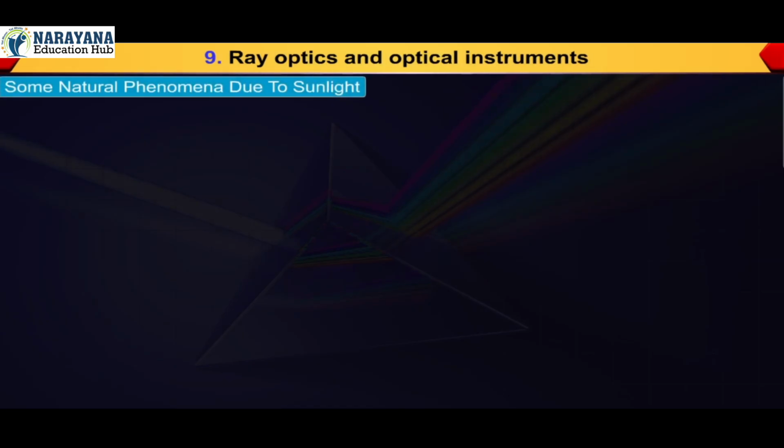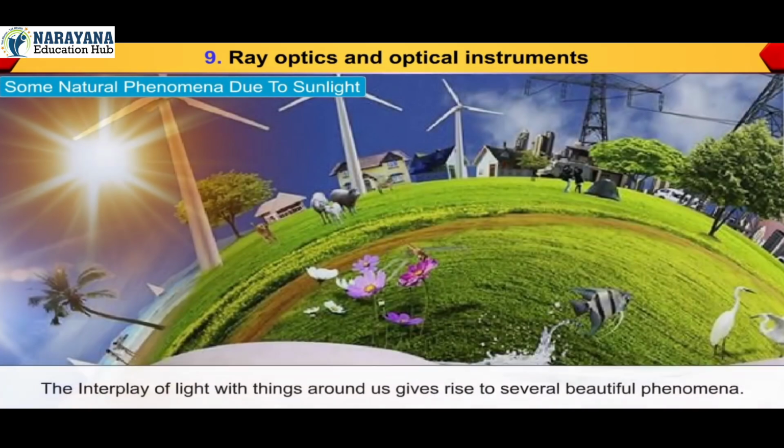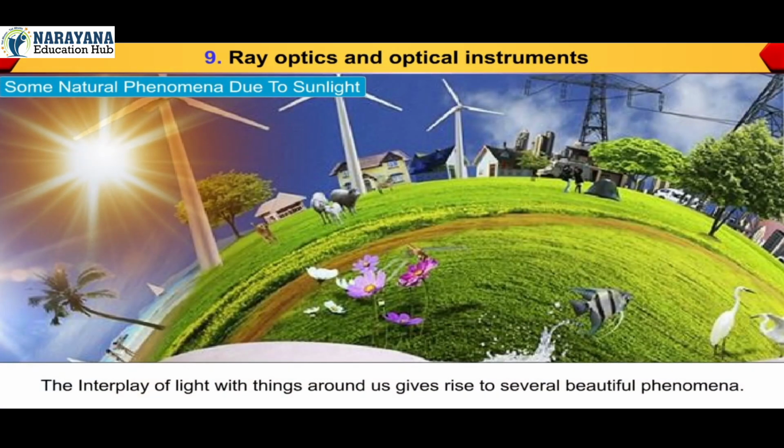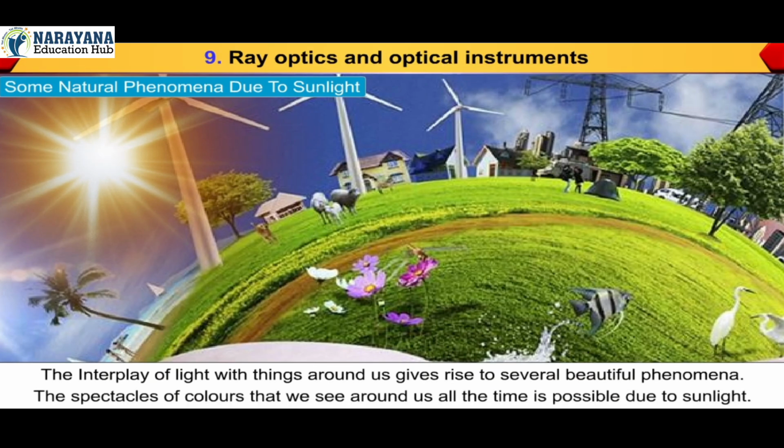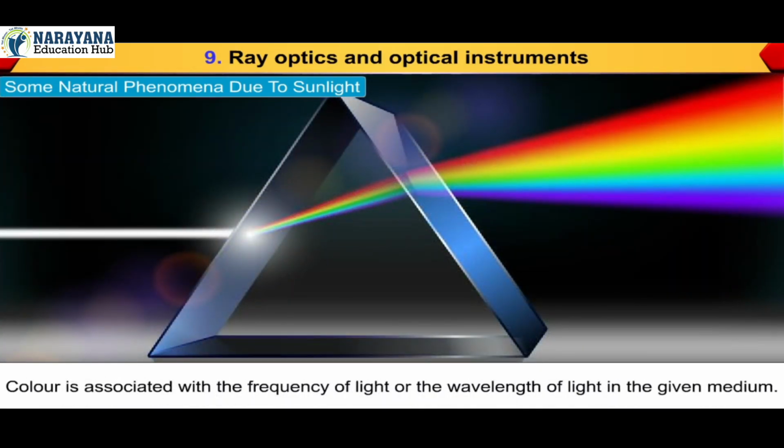Some natural phenomena due to sunlight. The interplay of light with things around us gives rise to several beautiful phenomena. The spectacles of colors that we see around us all the time is possible due to sunlight. Color is associated with the frequency of light or the wavelength of light in the given medium.